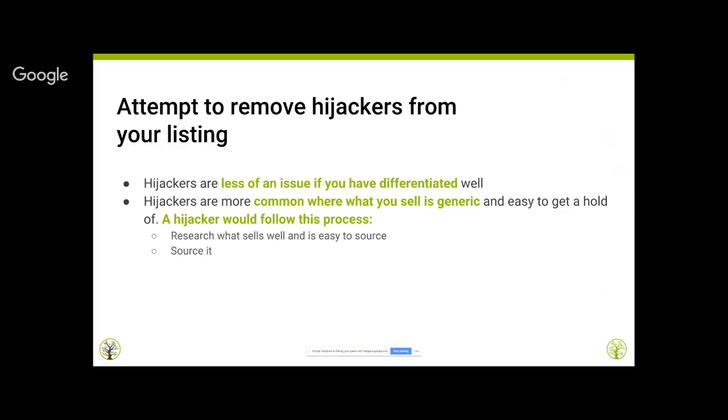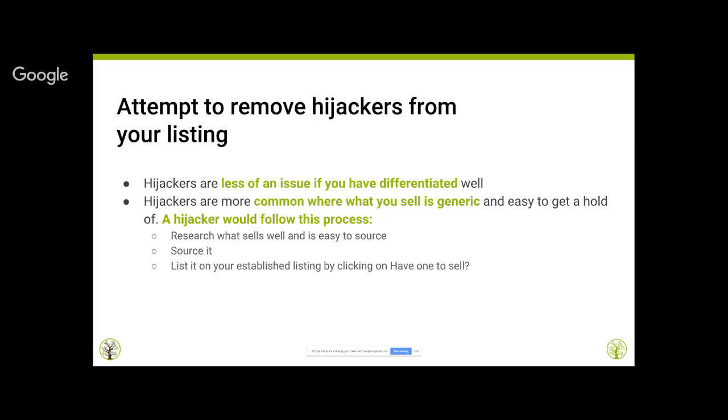If it is, if all those boxes are ticked, then they're going to source it. Then they're going to list it on your established listing by clicking have one to sell. You guys will see that on listings below the buy box on the right-hand side. That's how someone lists on your listing. Remember, until you're brand registered or brand gated, your listing is owned by Amazon, meaning anyone can list on there.